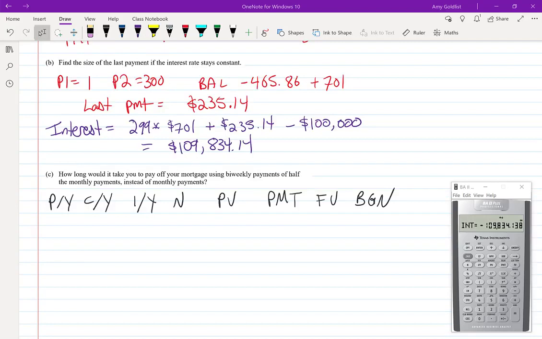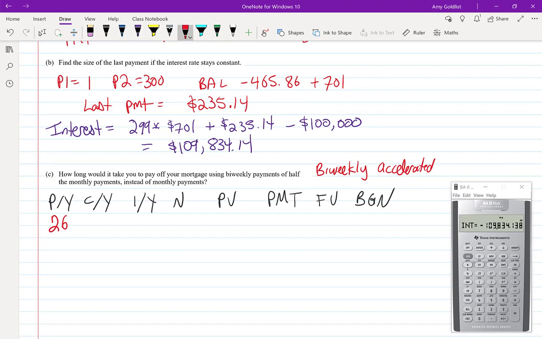How long would it take to pay off your mortgage using bi-weekly payments of half the monthly payments instead of monthly payments? This has a name. It's called bi-weekly accelerated. We pay every 2 weeks. That is, we make payments 26 times per year, but instead of using the payment that would come out of that, we instead use half of our monthly payment.